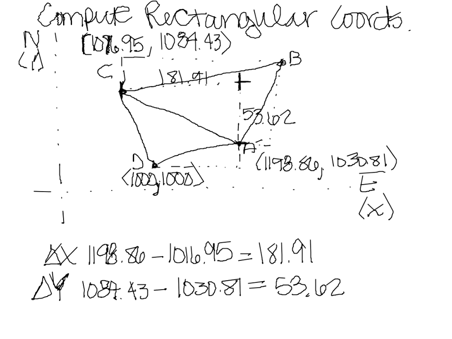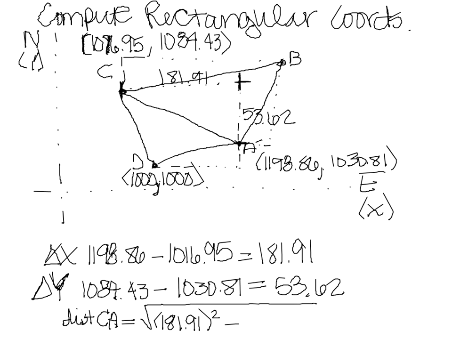Yes, Pythagorean theorem. So the distance from C to A is equal to the square root of 181.91 squared minus, no, plus, right?